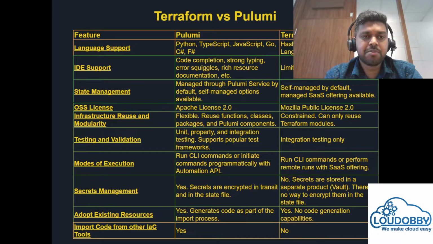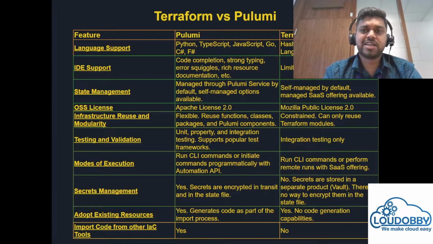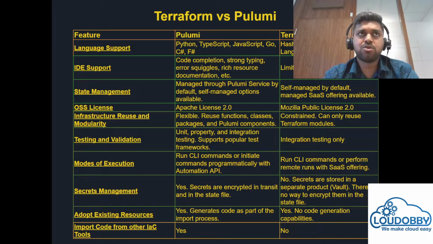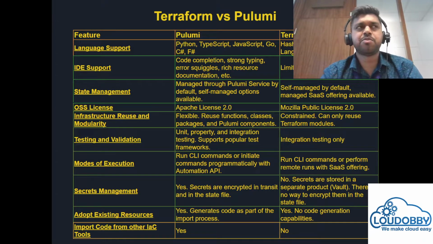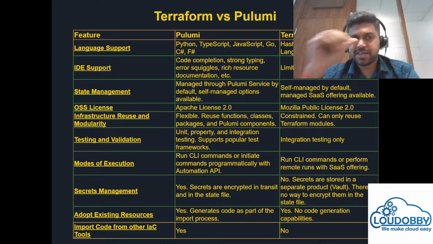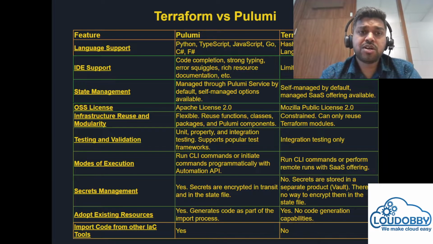Language support: Pulumi is supported in Python, TypeScript, JavaScript, Go, and C Sharp. And in Terraform, you have HCL, it's only a single language. IDE support: you can use any IDE, but in Terraform we have limited support for that.